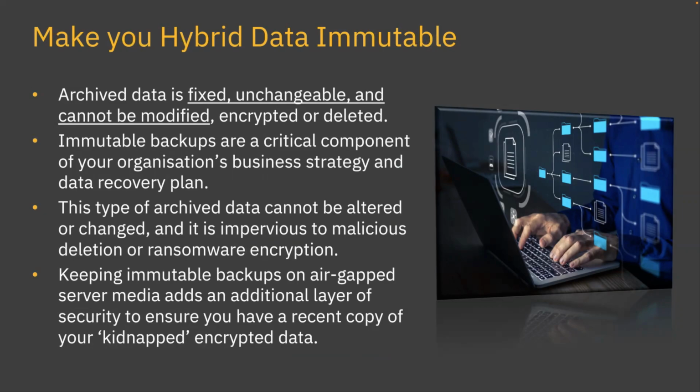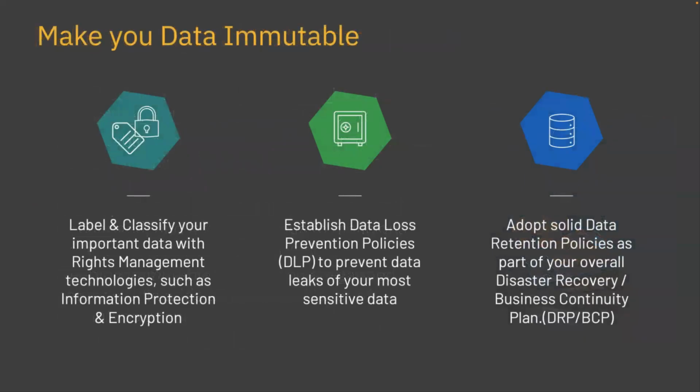An archive is for compliance reasons. So you need to archive all your important data, for example. You need to make sure that everything is air-gapped. Don't have only on-premises backups. Always have at least one off-site backup, and it should be what we call immutable.